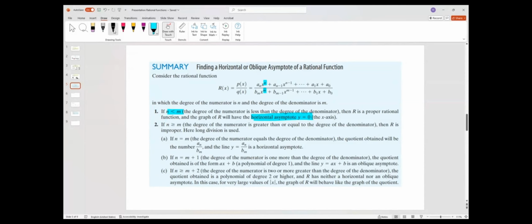So we say that if the degree of the numerator is equal to the degree of the denominator, then the horizontal asymptote will be the quotient between the leading coefficient of the numerator and the leading coefficient of the denominator. There you will have a horizontal asymptote.